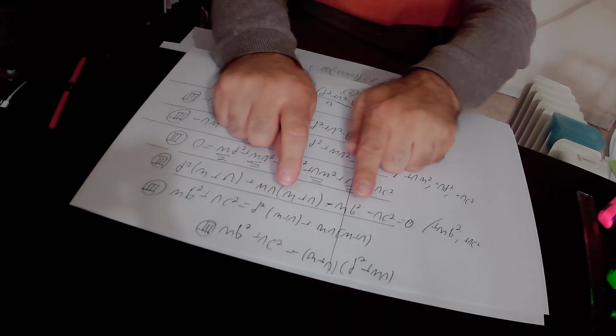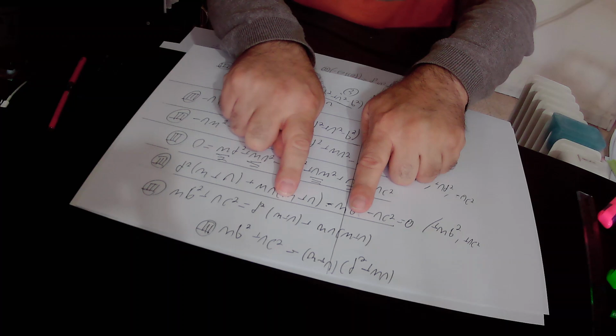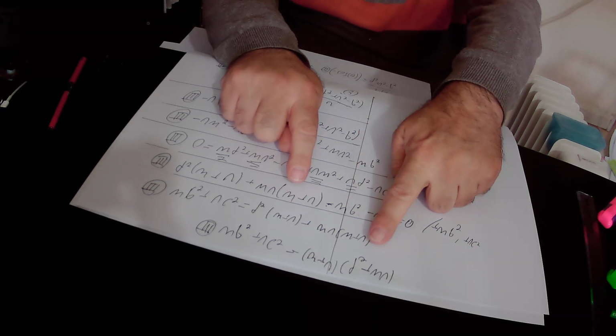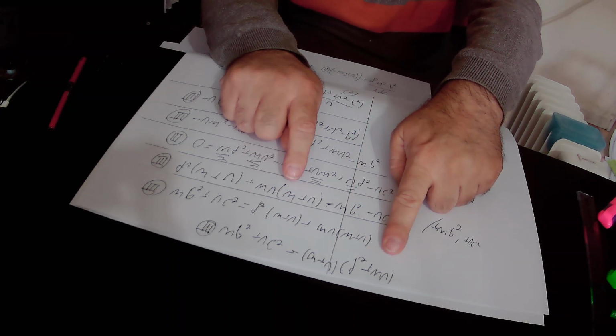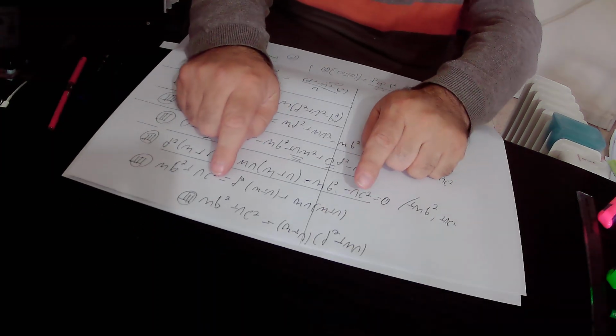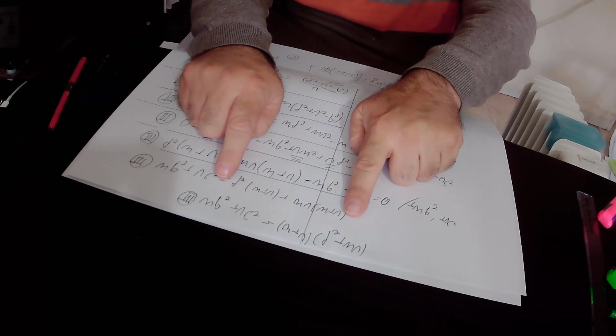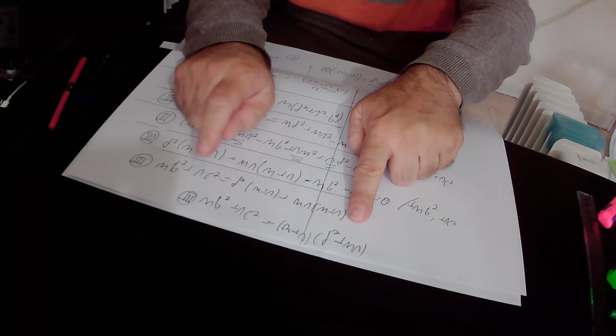Then we took out m plus n as a common factor from those two expressions. So inside the brackets we are left only with d squared plus m times n. In conclusion, we found out that according to equation number 3, mb squared plus nc squared equals m plus n, inside the brackets we have d squared plus m times n.